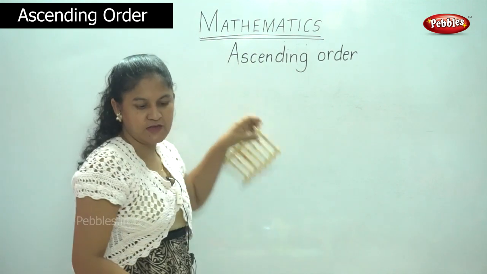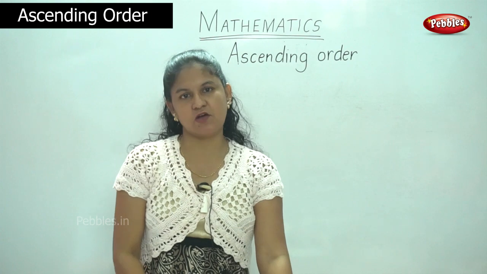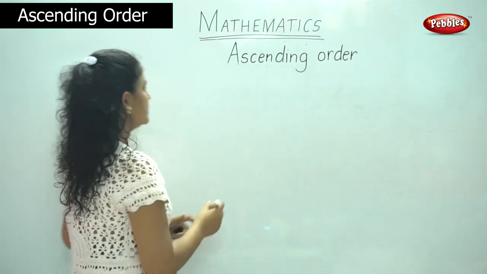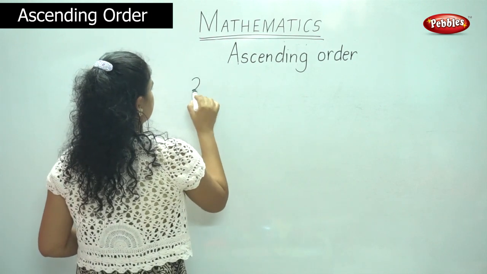So now today we are going to do ascending order of the numbers 21 to 30. So I'll just write the numbers.